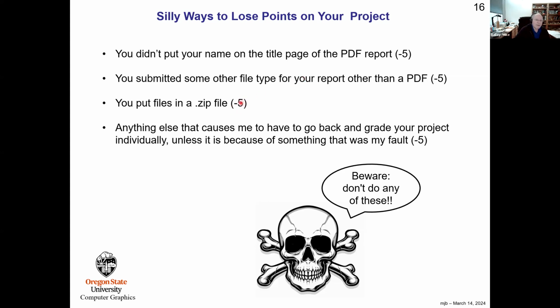You put your PDF in a zip file and thus we could not get it with the script, -5. Anything that causes me to have to go back and rehandle your submission, -5. Turn it in right the first time and there's nothing to worry about. But these are ridiculous ways, at your age, to lose 5 points, but some people will anyway.